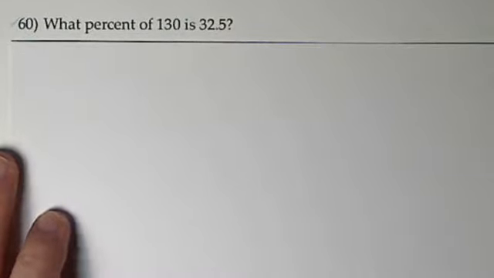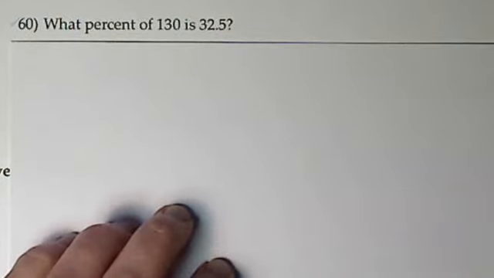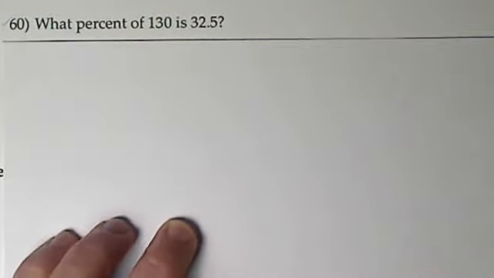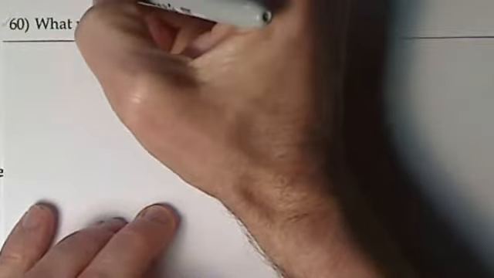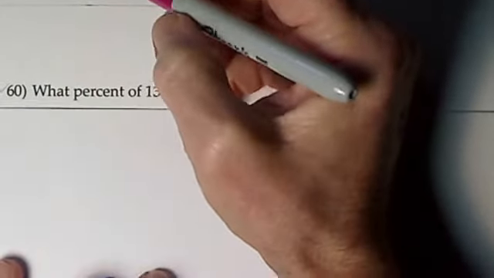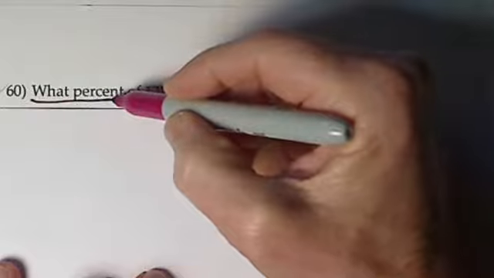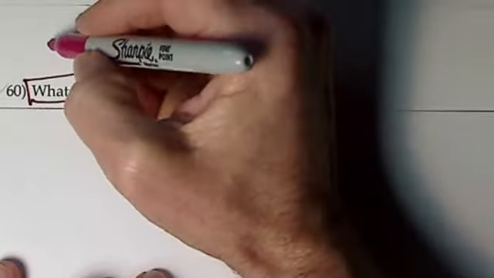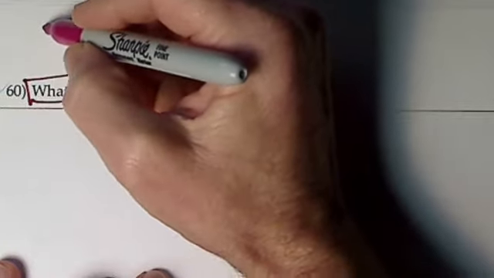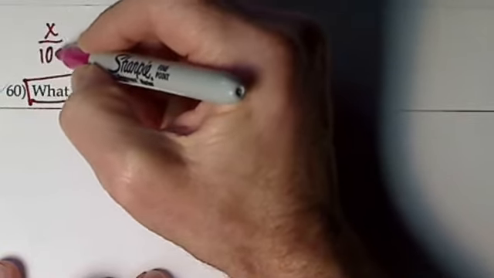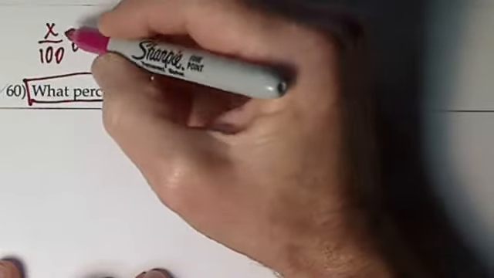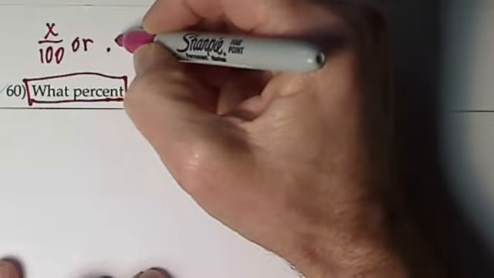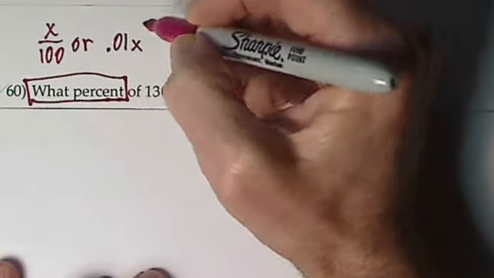And what percent, I'm going to fudge a little bit on this. Technically, for what percent, I really should put x over 100, or another way to write 1/100th of x is 0.01x.